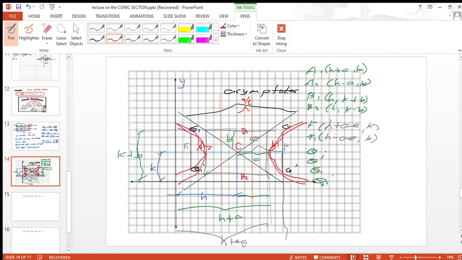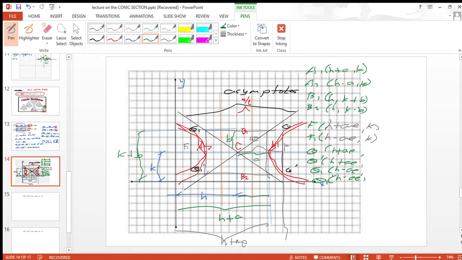Okay, by the way, we did not yet complete the list here. So if you will now go over the coordinates of Q, same vertical line with F, so this is h plus ae. Q prime, so this is h plus ae also. This will now be h minus ae. This will be h minus ae.